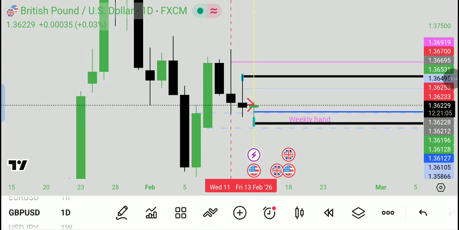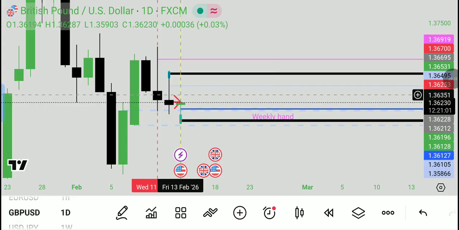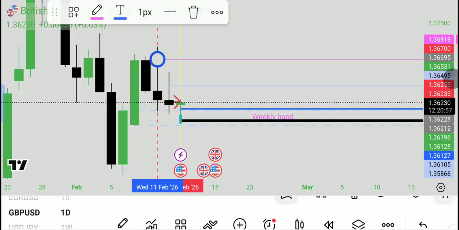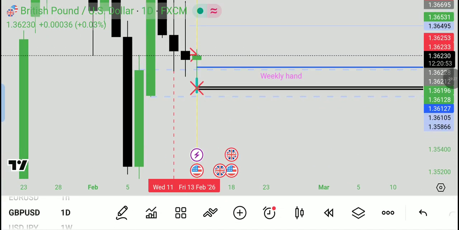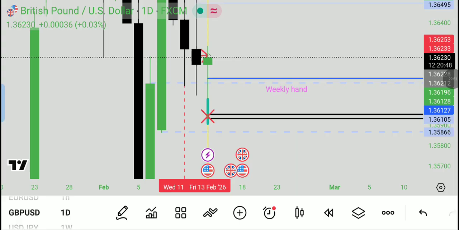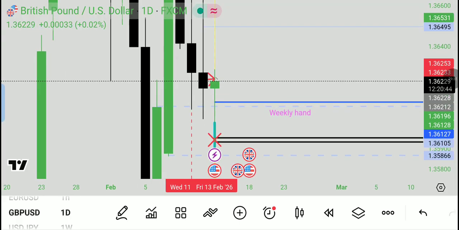I want to remove those ones that are not current to the market and leave the correct ones. Those ones I'm removing do not matter. Later we'll be back.